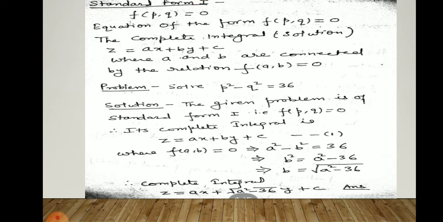Now remember that whenever we find the complete integral z is equal to ax plus by plus c, then we can find b in terms of a. It means we can write b is equal to phi of a.